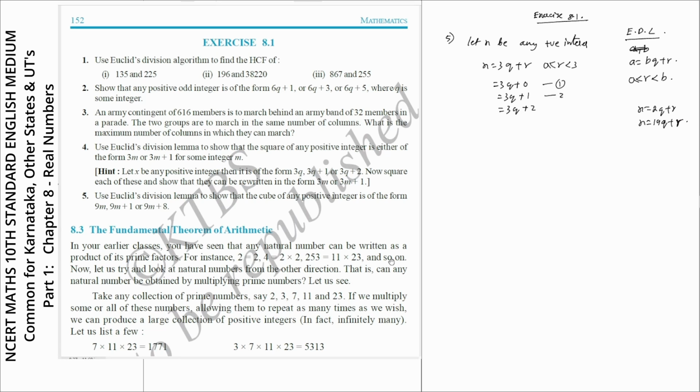Now this is case 1, this is case 2, this is case 3. There are 3 cases depending upon the value of r. Now in case 1, r is equal to 0, therefore x is equal to 3q. Now I'll cube both sides.